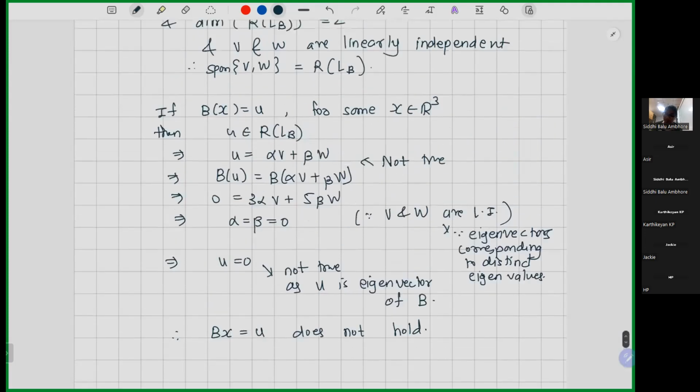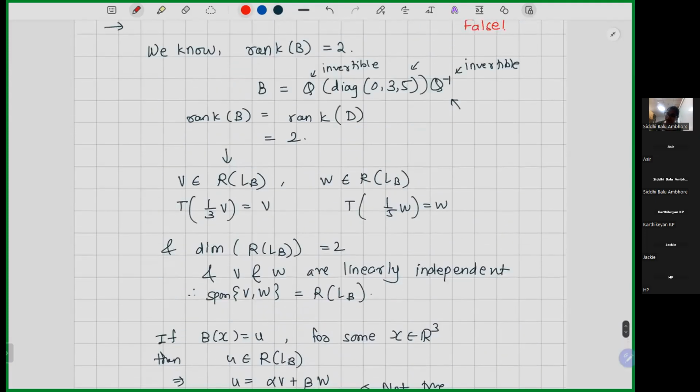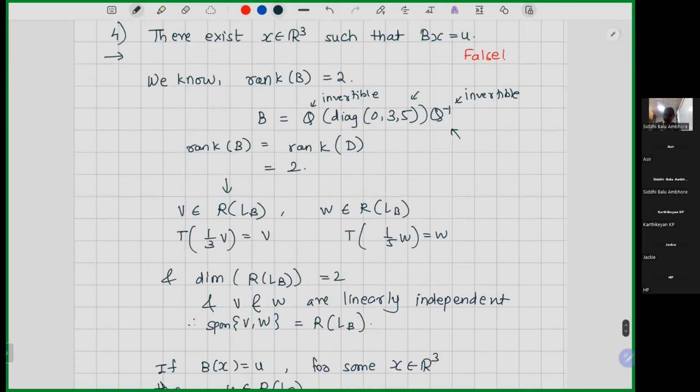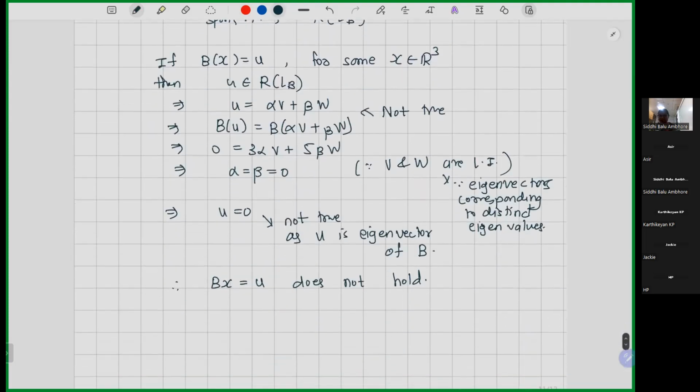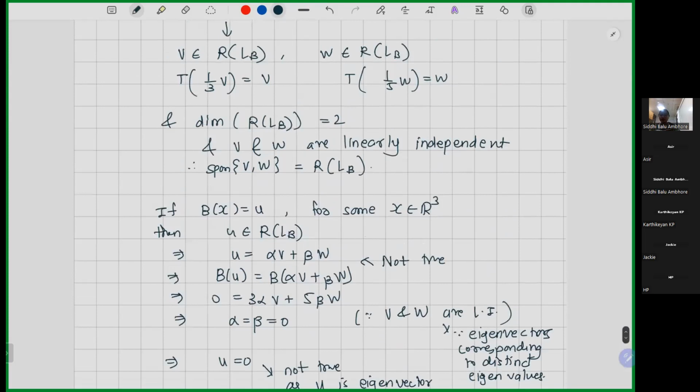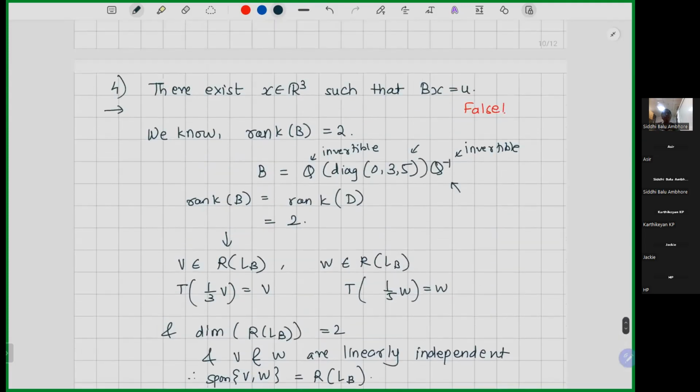Is it understandable? Please let me know if anything is unclear. So what I did was I used the fact that the rank of B is 2.